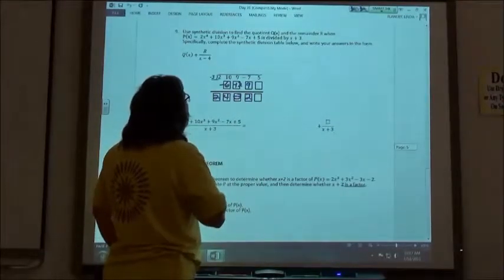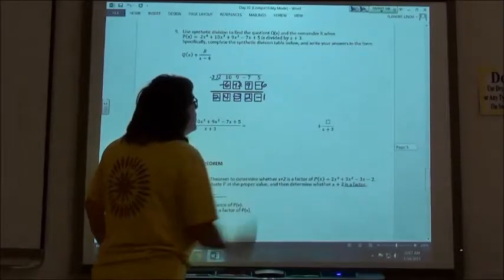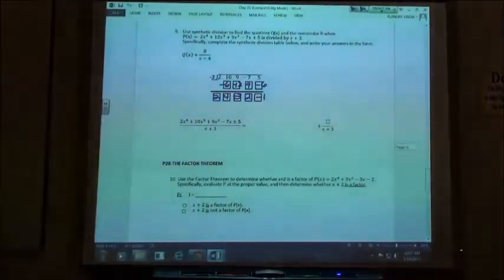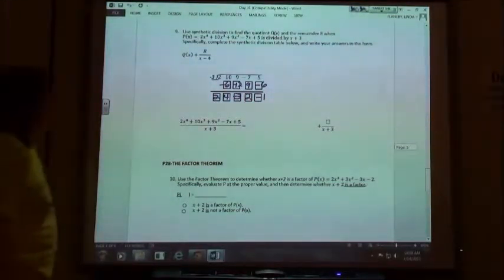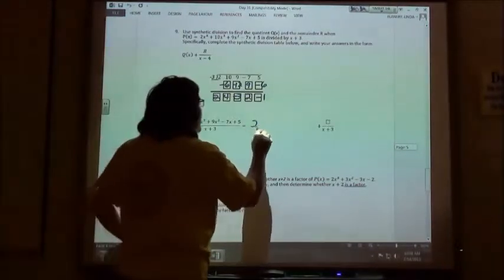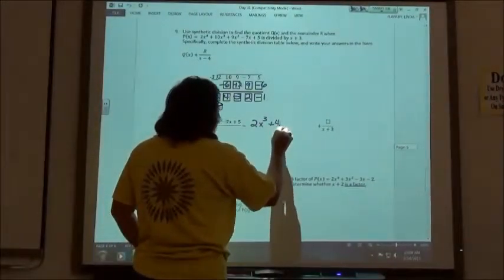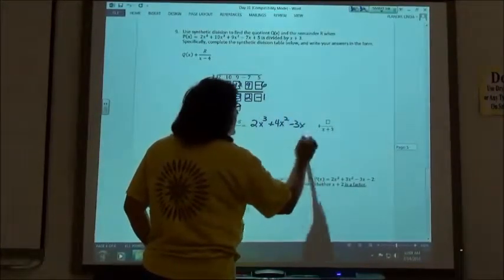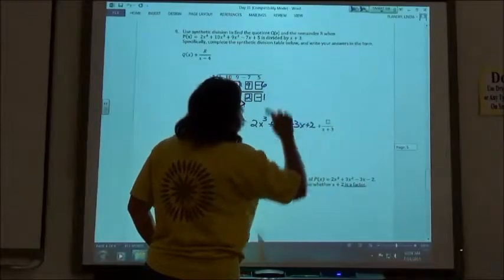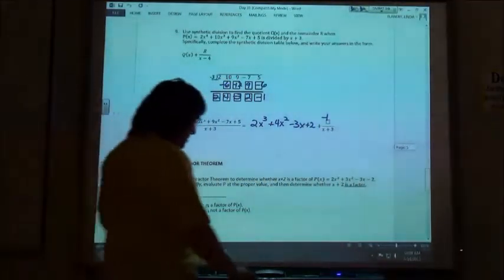And then we're going to have negative 6 and bring down negative 1. So our quotient would be 2x to the third plus 4x squared minus 3x plus 2 with the remainder of negative 1. It almost looks like a negative 1 there.